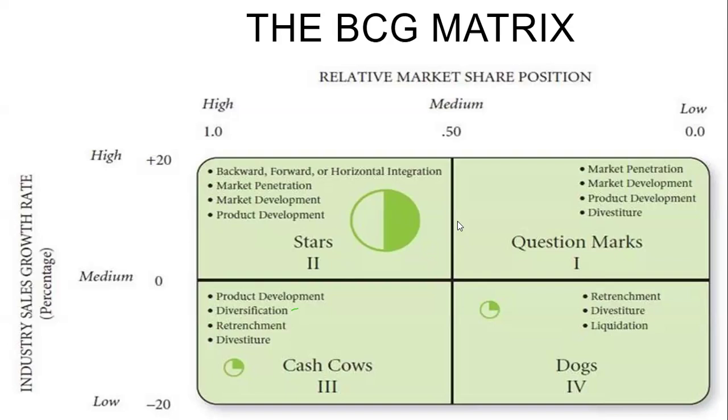It is your ability to command a huge percentage of the market share that will translate into profits. So whenever you have product lines or divisions which have growth potential, but irrespective of your initiatives, the market share that it is currently commanding is low, then they are characterized as question marks.